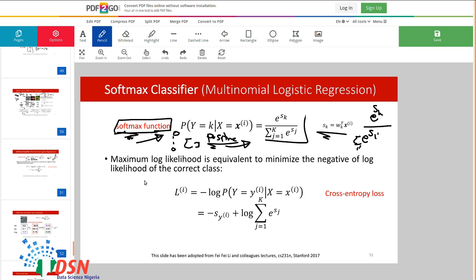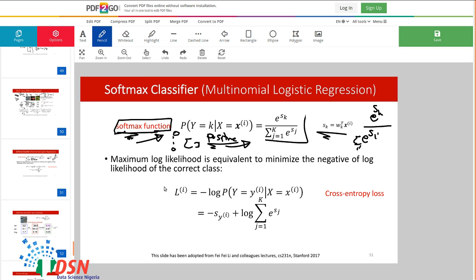Okay, so the maximum log likelihood, which we have seen in the information theory part of our class, is when you want to maximize the log likelihood. You could think of that as the minimization of the negative log likelihood of the correct class.